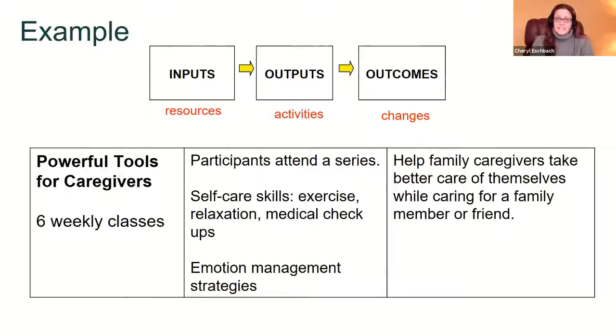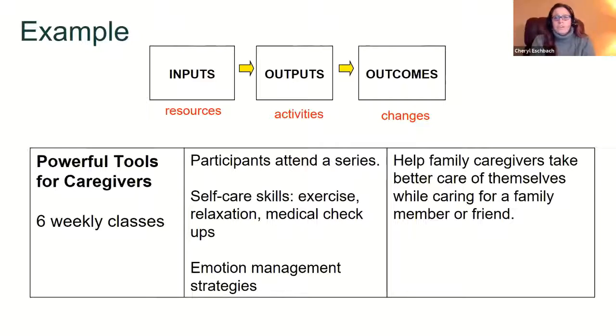And then the activities would be teaching people some exercise techniques, teaching them some relaxation strategies, teaching them ways to communicate with healthcare providers or encouraging them to get medical checks, talking to them about dealing with emotions so they can work on anger or guilt issues. And these are all things that we do, activities that we do in the Powerful Tools for Caregivers class.